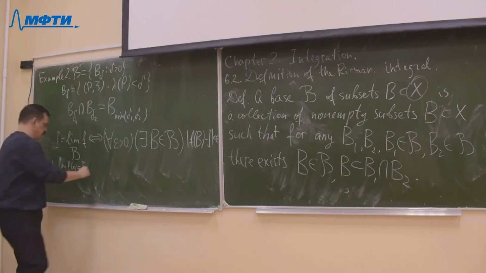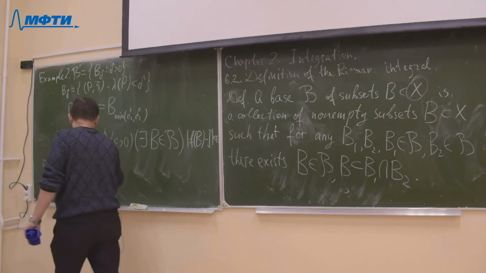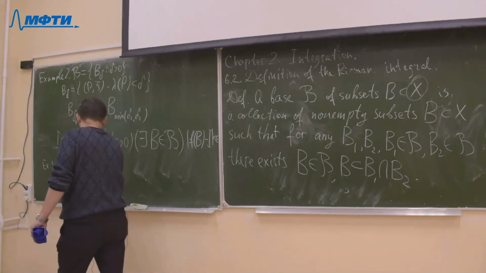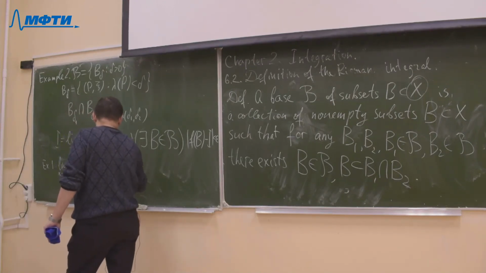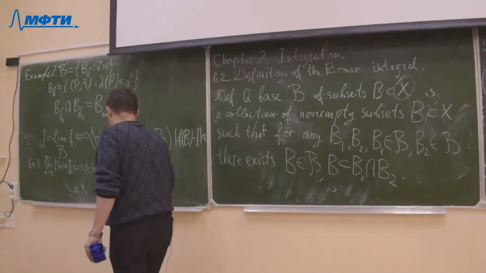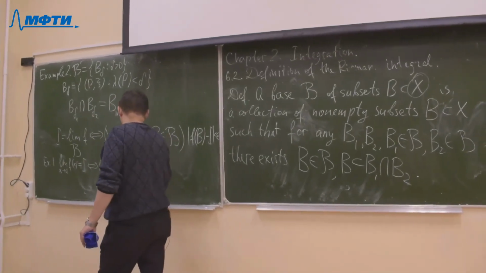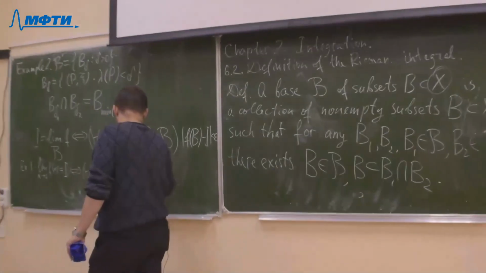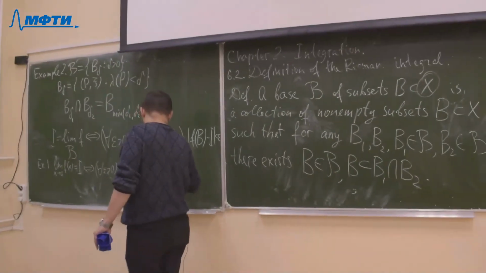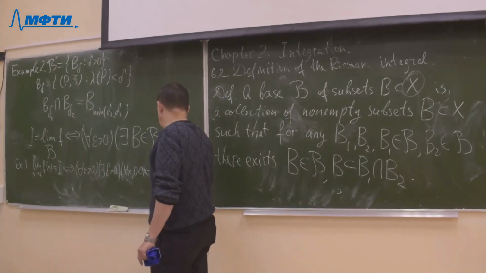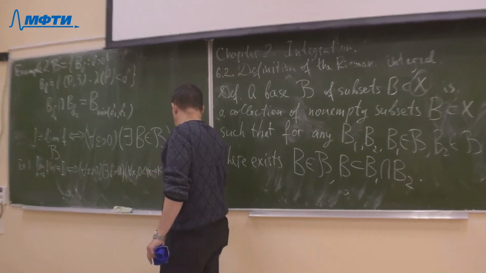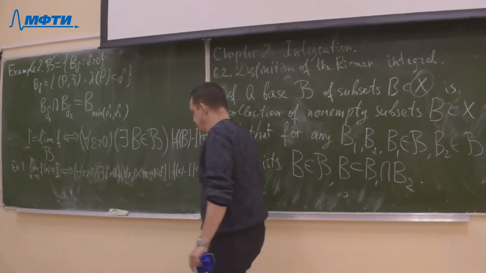What does it mean? For arbitrary epsilon greater than 0, there exists delta greater than 0 such that for all x in the punctured delta-neighborhood, |f of x minus I| is less than epsilon.